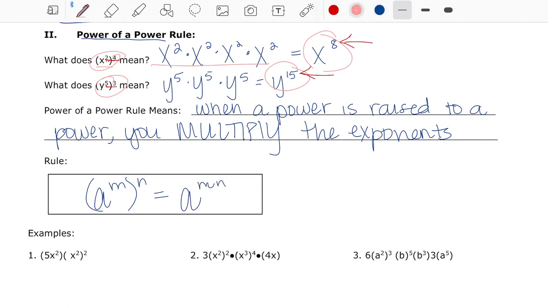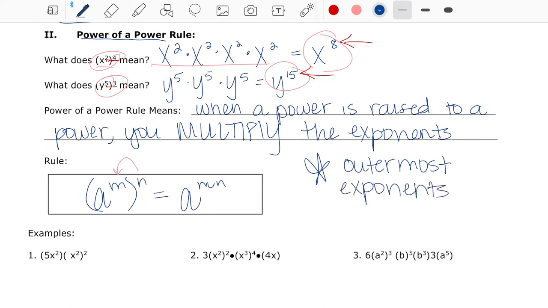I want you to think of it like it distributes in. So that exponent distributes in and multiplies with all of the exponents inside of the parentheses. And when we solve these problems, we have to deal with the outermost exponents first. Outermost exponents first. That's going to be important to remember.